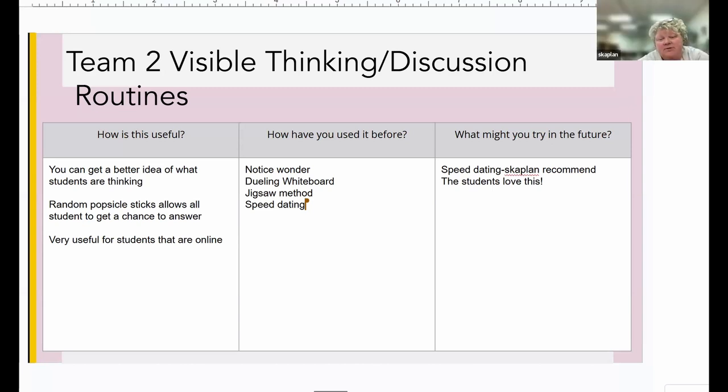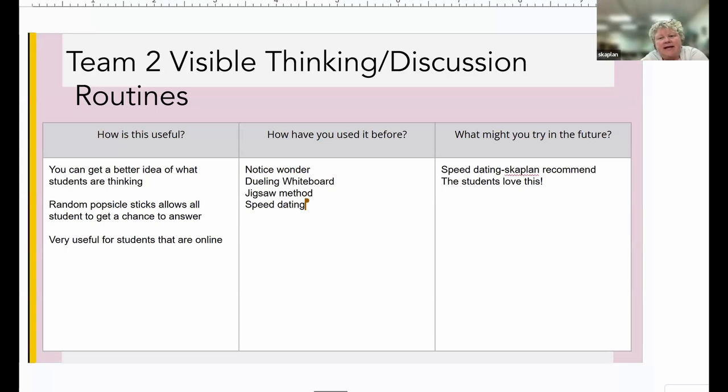I can talk for team 2. Thank you. We have been using several different ones from the visible thinking. One of our members from our group teaches virtually, and she was talking about some of the difficulties she has, and these actually help.